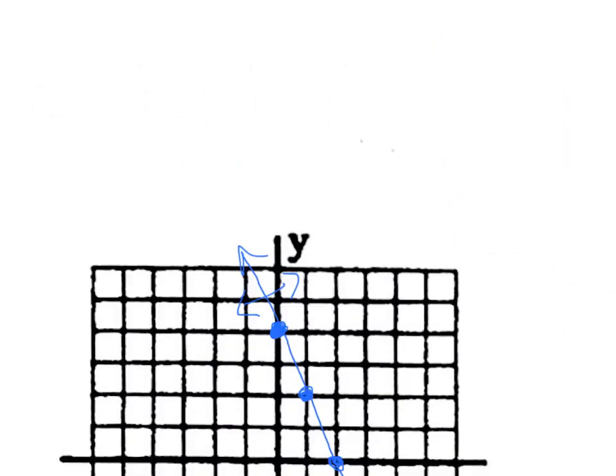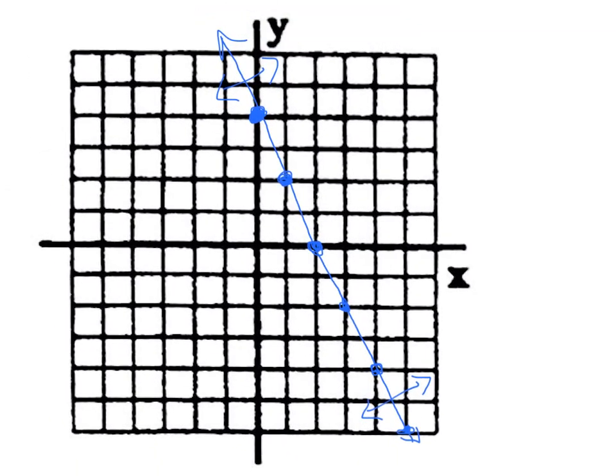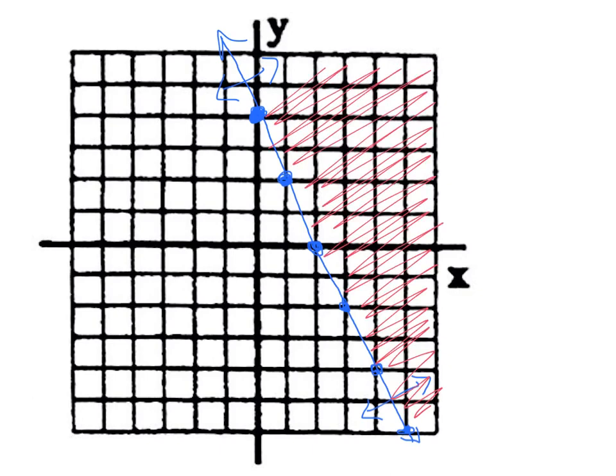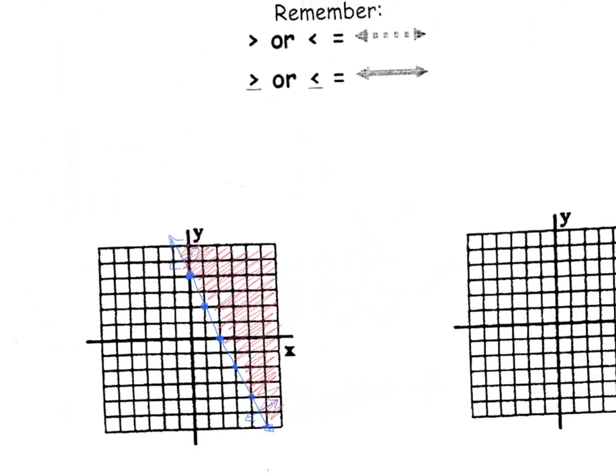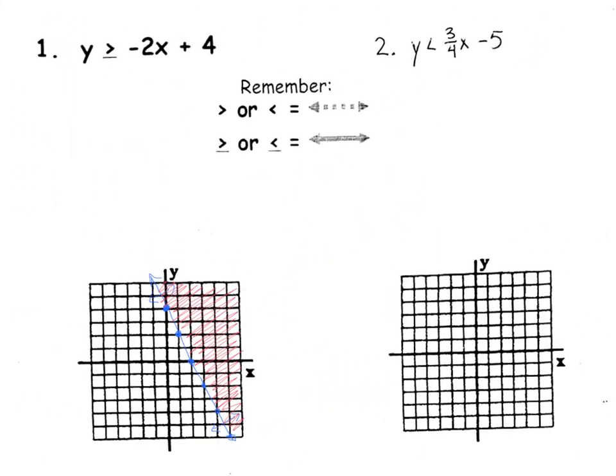So you're simply going to shade to the arrows that point in the upward direction, which is to the right. Everything over here will get shaded in. That's it. Okay? Now, why don't you go ahead and try number 2 on your own, pause the video, and then check your answer once you're done.